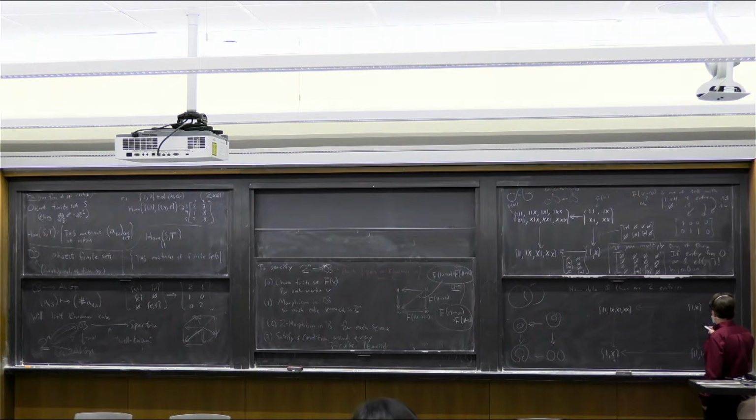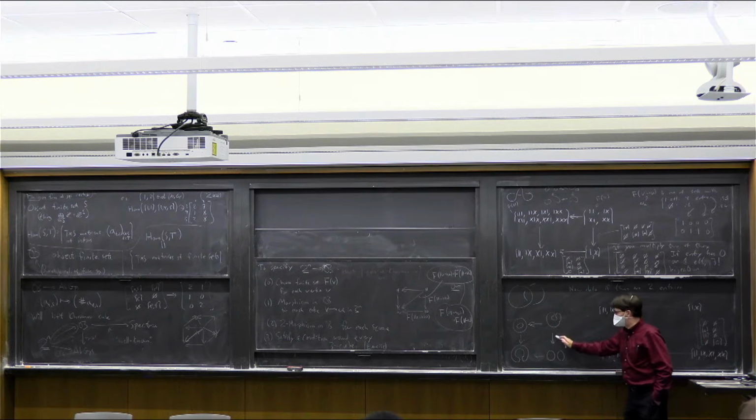So 1 splits to 1 tensor x plus x tensor 1. Let's just give these names so I don't lose track. A, B, empty set. X splits to x tensor x. C. Is that okay for this entry? This is the split map.